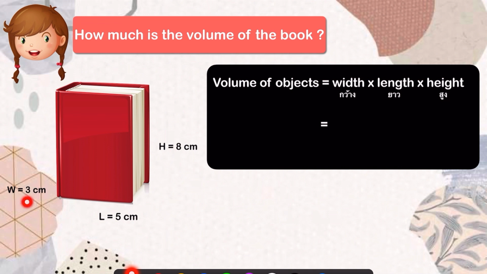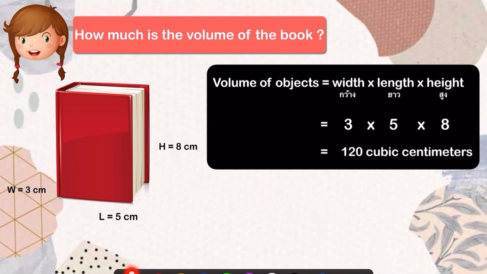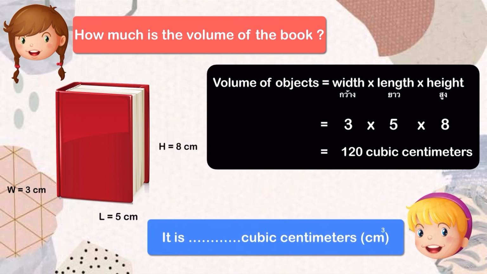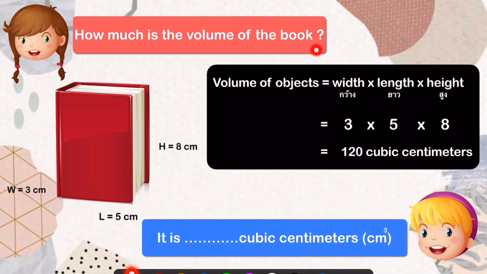Width is 3 centimeters, length is 5 centimeters, and height is 8 centimeters. You multiply them together: 3 times 5 times 8. You will get 120 cubic centimeters. How much is the volume of the book? It is 120 cubic centimeters.